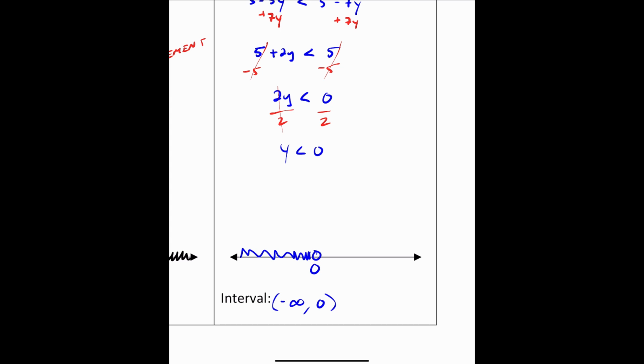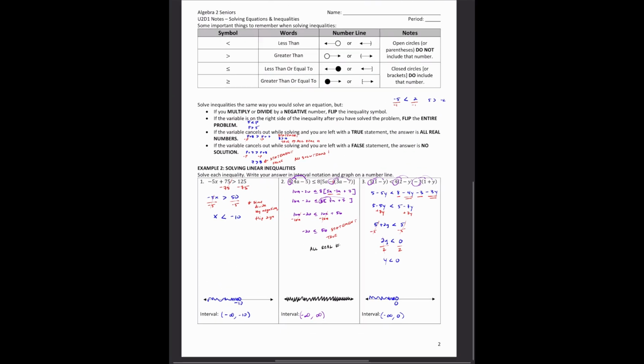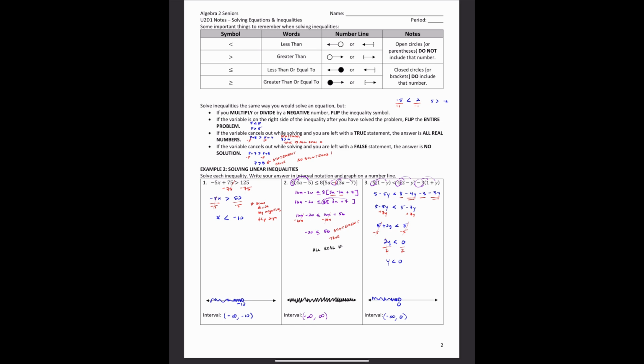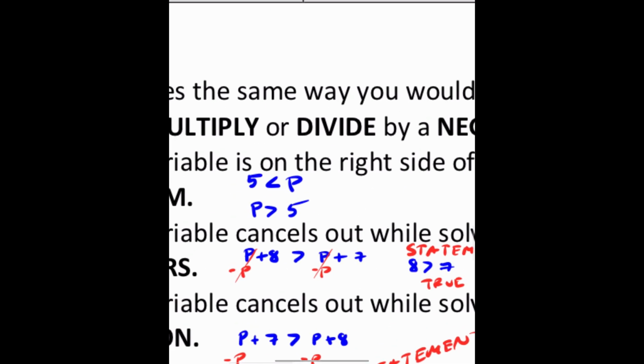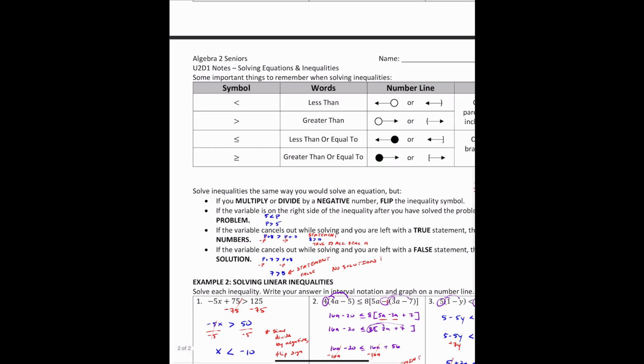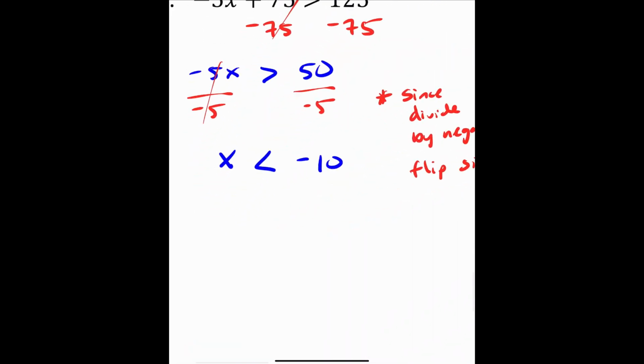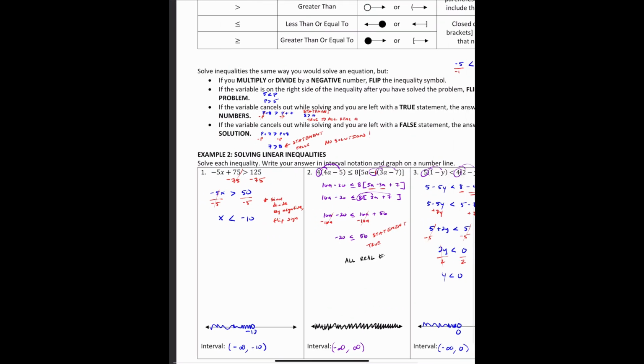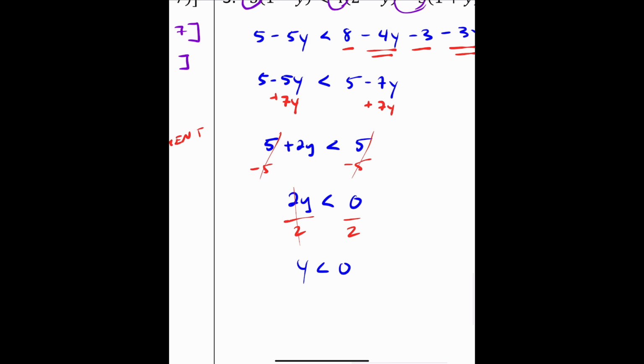All right? Okay, so just remember one thing on your homework is that whenever you have something like 5 less than p, make sure that you flip the entire problem so that the variable is first, then the inequality, and then the number afterwards. So if we look, we did that for number 1 here and number 3.